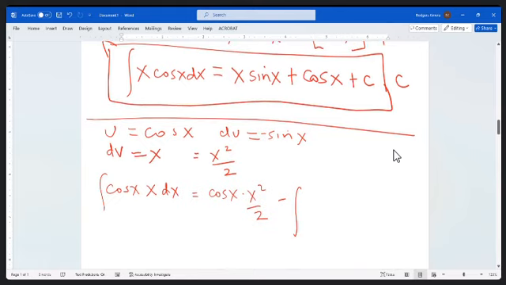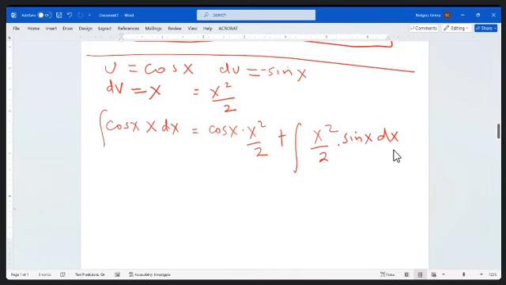Here du is negative sine x dx. You're going to observe something here. This is going to give us x squared over 2 cos x plus a half integral of x squared sine x dx.